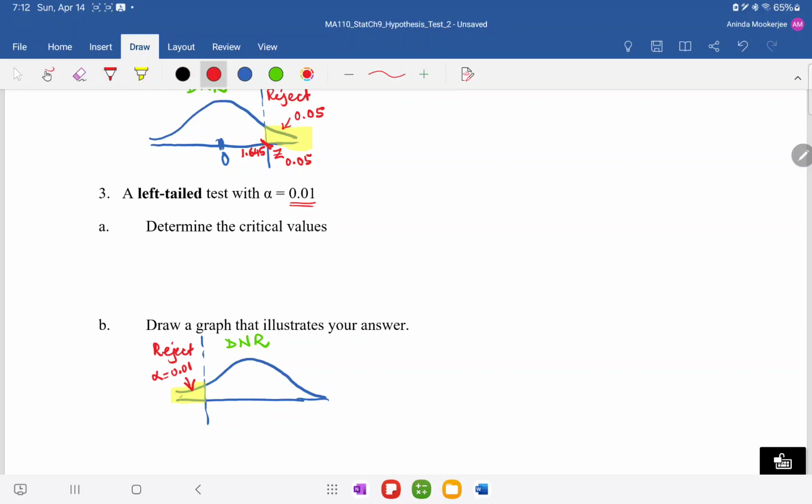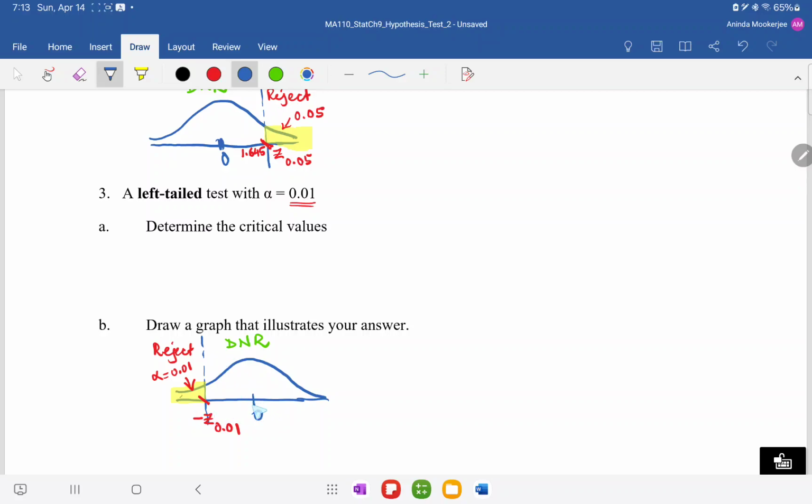0.01 is this area. So we are looking for a cutoff which will be right here corresponding to an area of 0.01 to the left. So this is going to be negative z of 0.01. Again, this is on the left hand side. The reject region is on the left hand side, so the z value is also going to be a negative value.